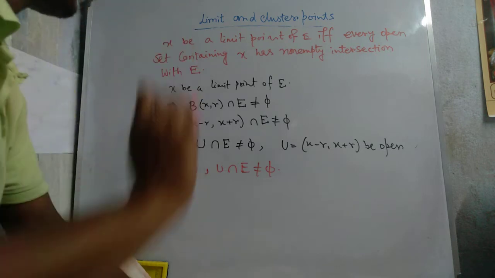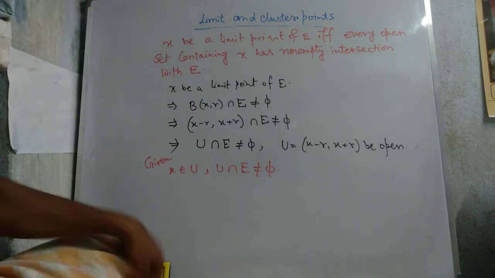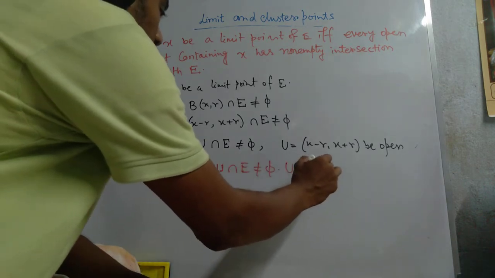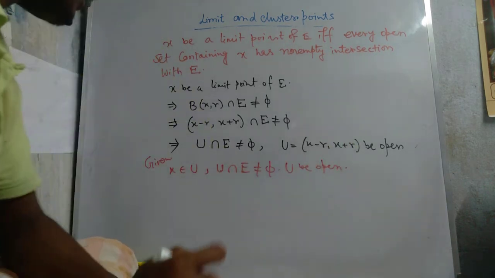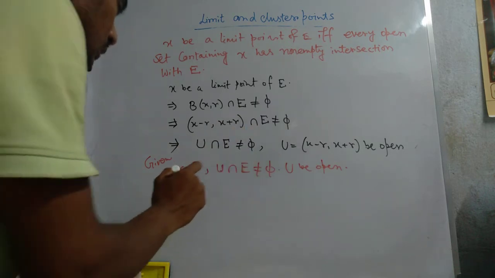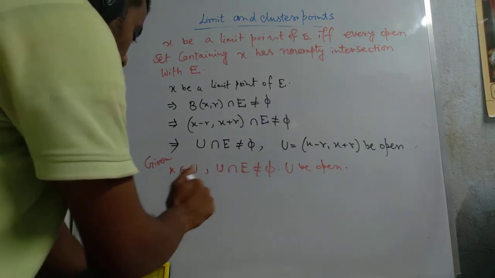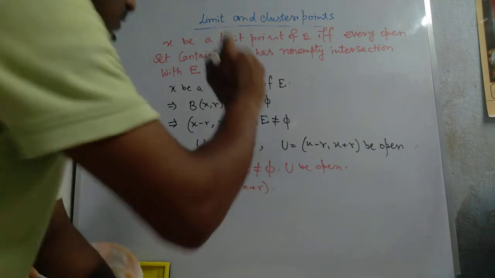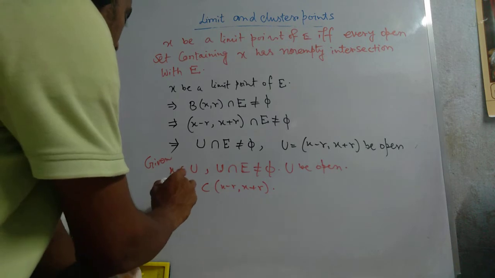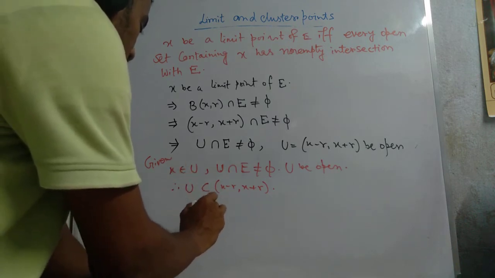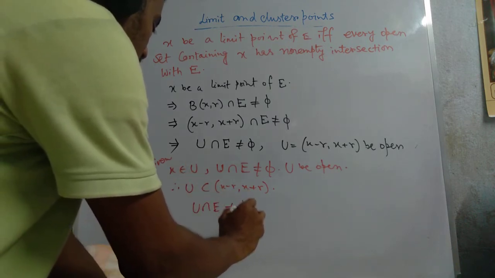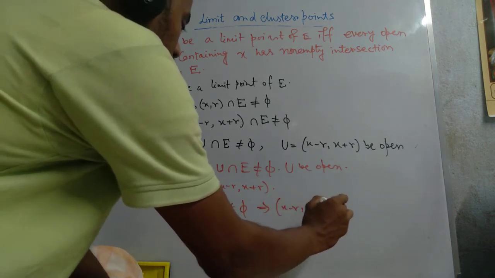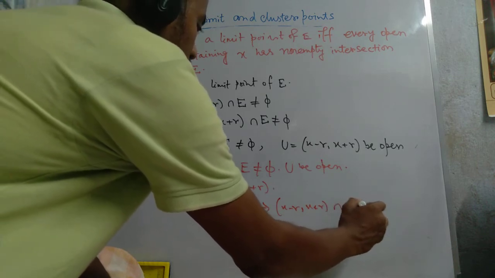Then we have to prove that x is a limit point. U is open, given. So we construct U a subset of (x minus r, x plus r). Then this U intersection E not equal to empty set implies that (x minus r, x plus r) intersection E is not equal to empty set.